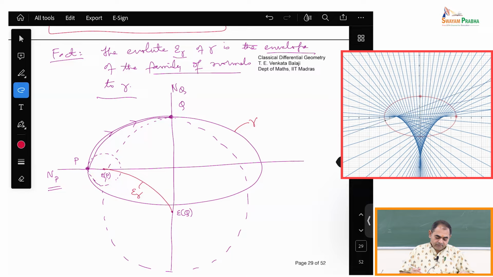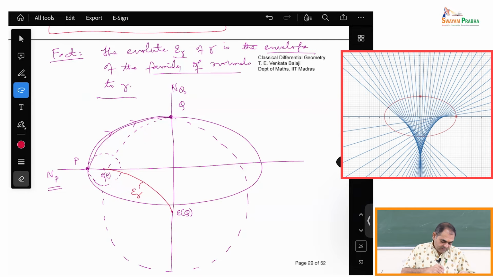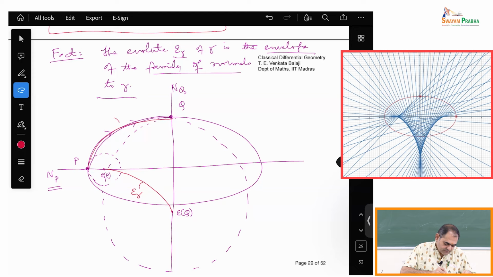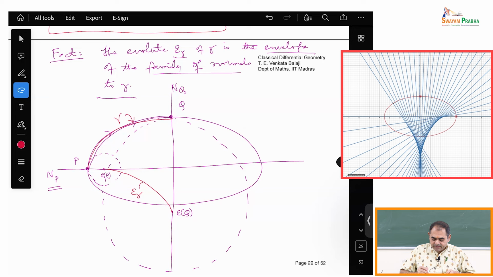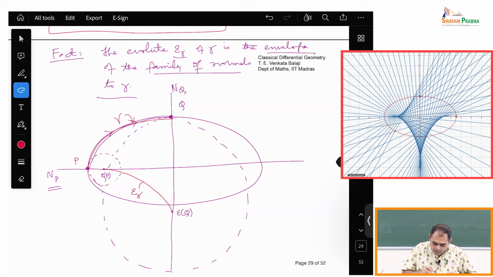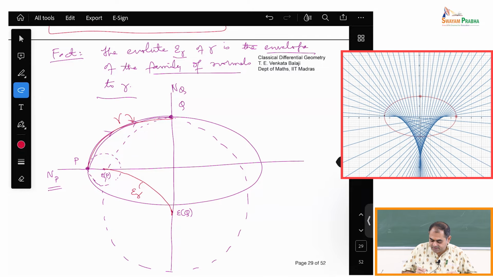In fact, let me mark the correct segment. I am taking this portion, so this is my gamma here, okay, right? And you see what is happening is that if you go all the way to the point Q, then that is a normal, and that normal is actually tangent to this curve here, okay.